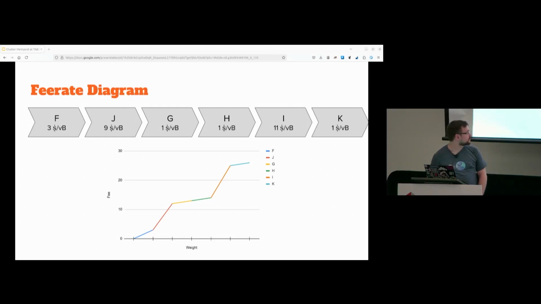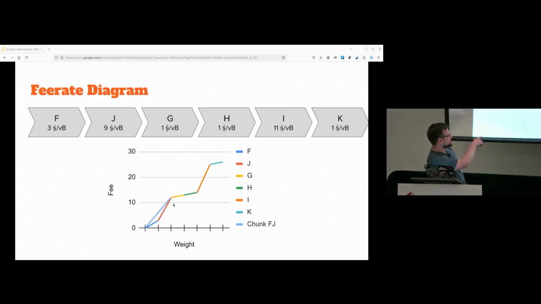So I hope you believe that this is a good linearization for that cluster. But now if we draw it, on the first transaction F, we'll collect 3 sats on the first weight unit. And then we'll collect 9 sats on J to the point where we have 2 weight units, right? So if we pick those 2 together, that'll be 6 sats per vbyte.